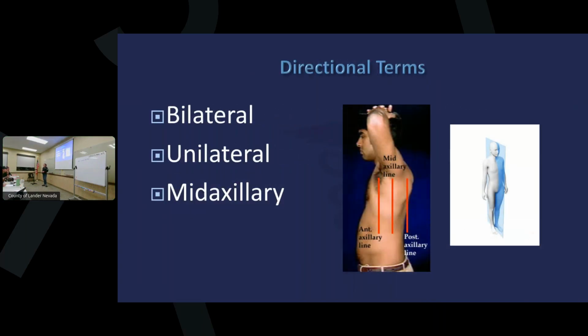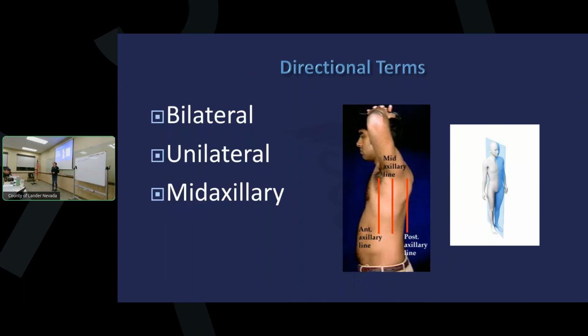So then we go into more directional terms. Bilateral means what? Both sides. Good. If it's unilateral, it's what? Single side. One side. Now mid-axillary. There's a picture of it right here. Mid-axillary, the middle of the armpit.